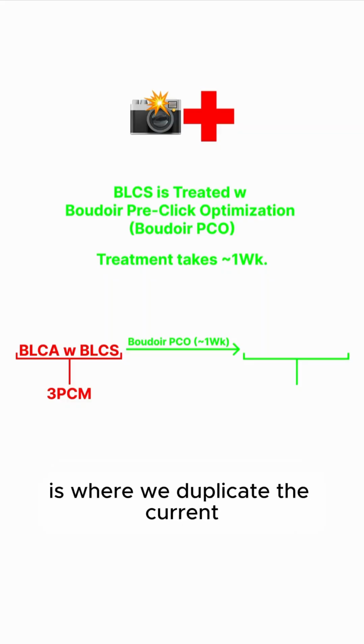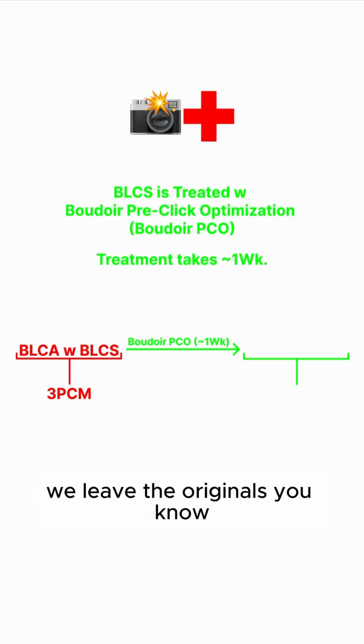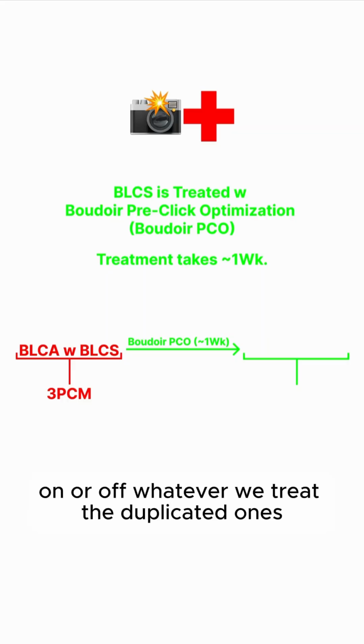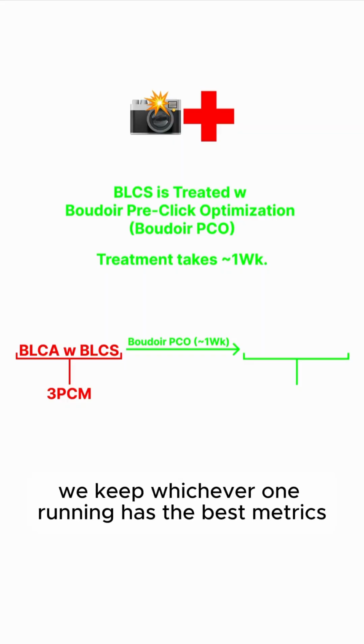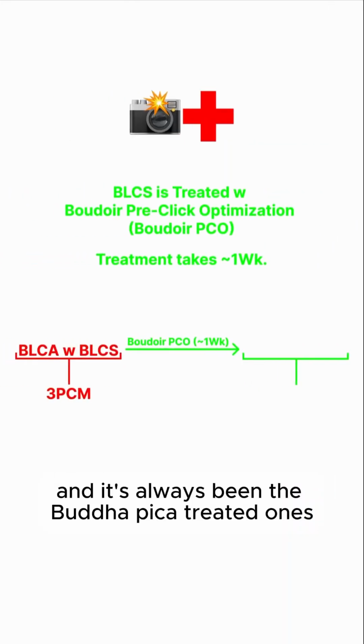Now, this is where we duplicate the current Boudoir Facebook ads and we treat the duplicated ads. We leave the originals, on or off, whatever. We treat the duplicated ones, and at the end of the week, we keep whichever one running has the best metrics. And it's always been the Boudoir Pico treated ones.